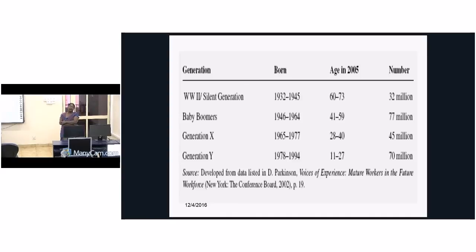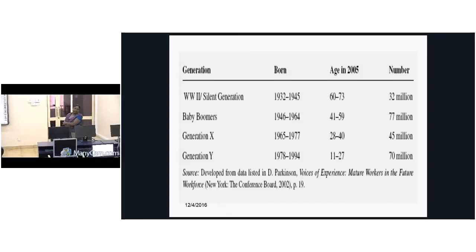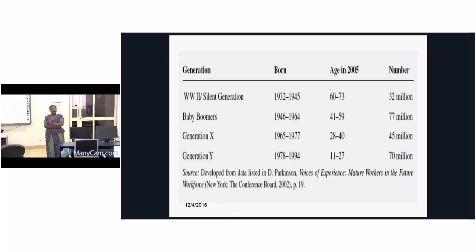The people who were born immediately after the Second World War are called baby boomers. Then generation X is tagged for people who were born 1965 to 1977.